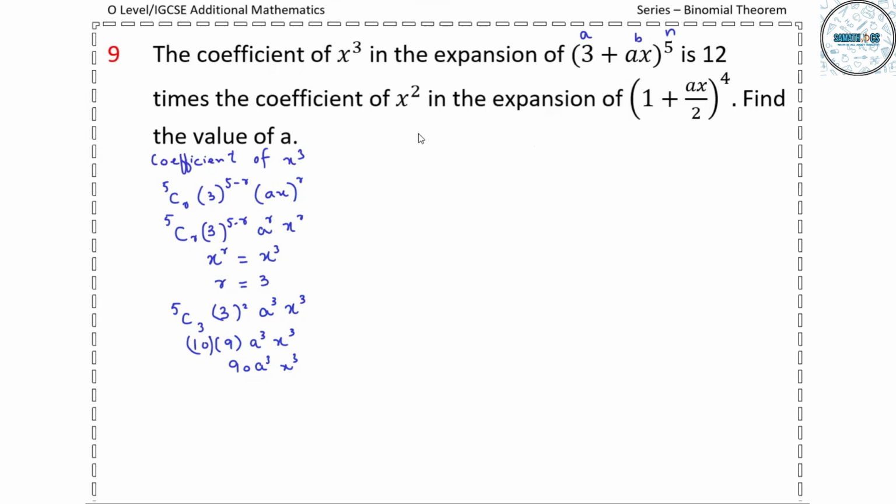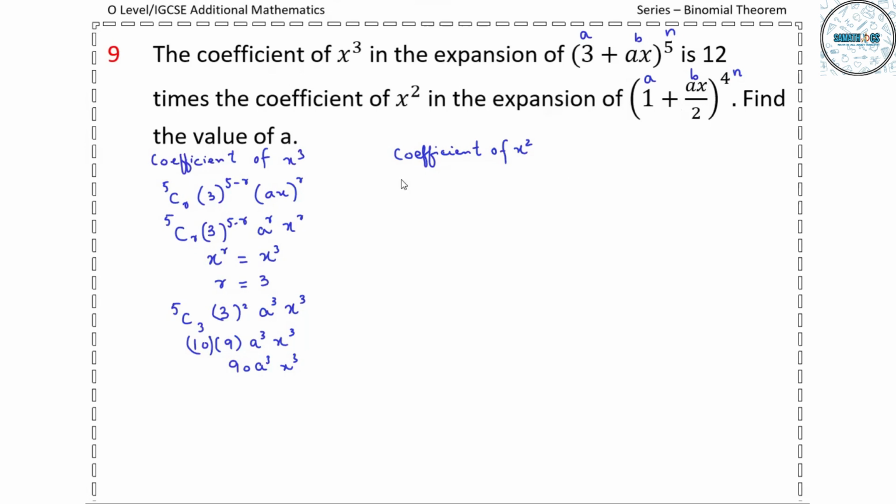Now we will take out the coefficient of x squared in the expansion of (1 + ax/2)^4. So 1 is a, ax/2 is b, 4 is n.